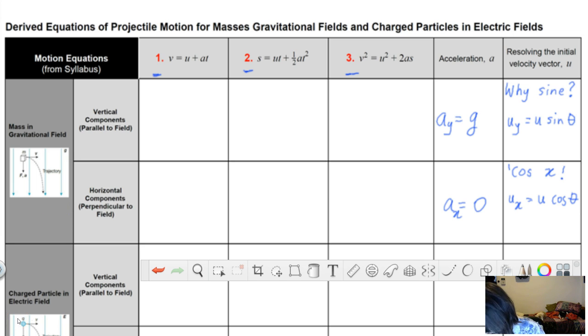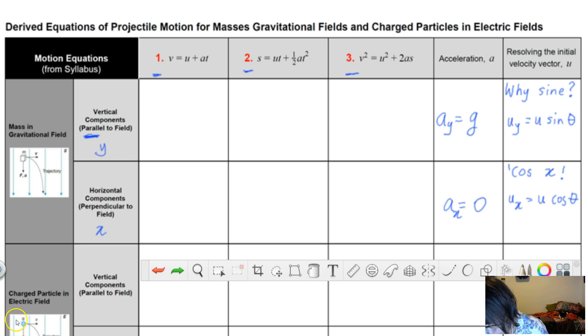So let's think of the vertical component as being parallel to the gravitational field, and that's our y-axis. And the horizontal is perpendicular to the field, and that's our x-axis. So let's start with deriving the equations for vertical components.